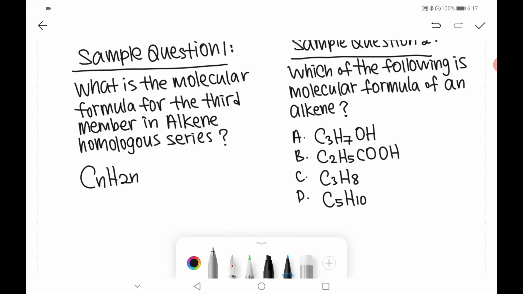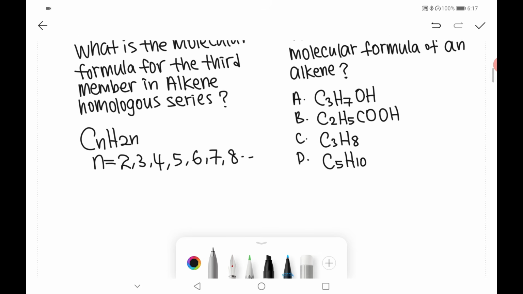In order to have a carbon-carbon double bond, the n must start from 2, then it can go to 3, 4, 5, 6, 7, 8. So this is the first member of alkene, this is the second member, and this is the third member of alkene. You have to be careful: for alkene, the n must start from 2.